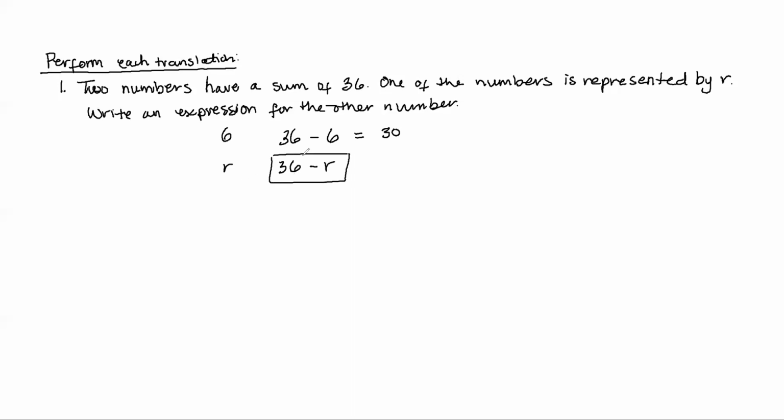So again, using actual numbers first is a lot easier, and then just kind of plugging in your variable into that expression. Let's go ahead and try one more of these. So two numbers have a product of 18. One of the numbers is represented by x.